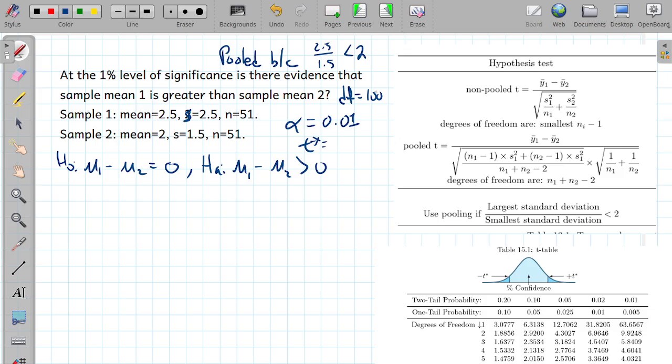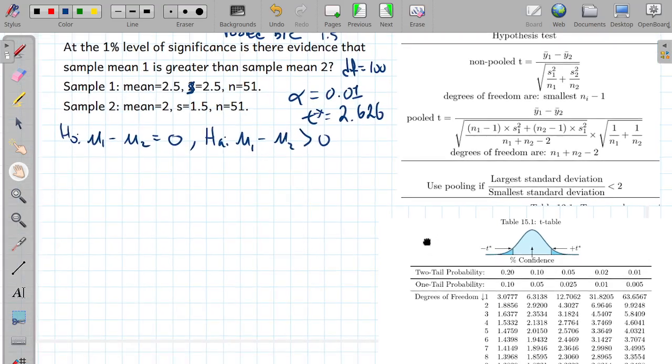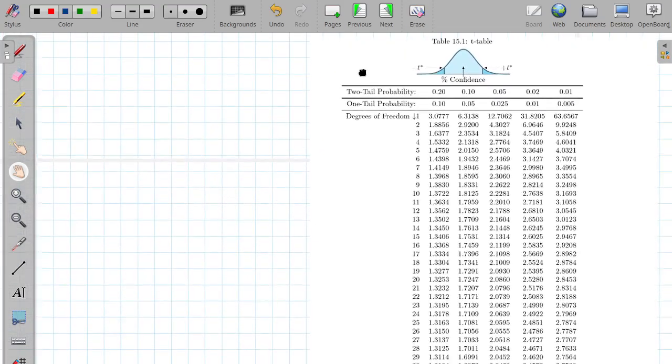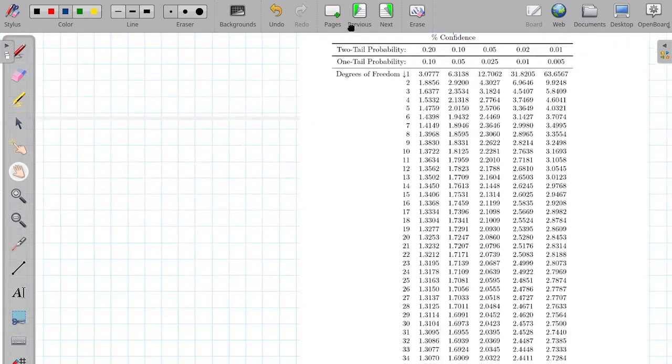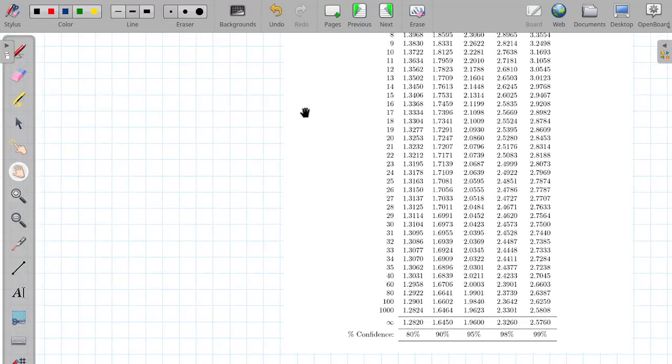So if we look that up, we should get 2.626. And we have the table here. Let's go ahead and check that. And if we look at the bottom, row 100, there is 2.626, just what we want. Cool.